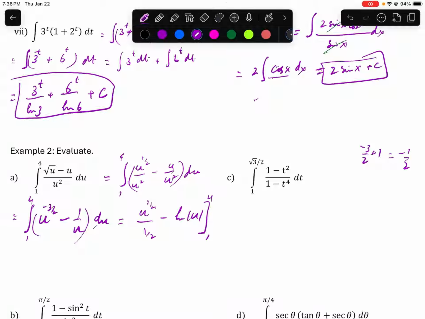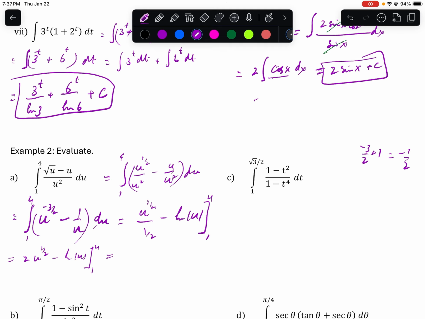So apply the FTC part 2. I will plug in the limits. It will come 2u to the 1/2 and minus ln of u will stay like it is, and then the limits are from 1 to 4.